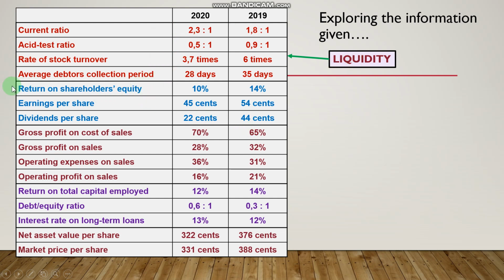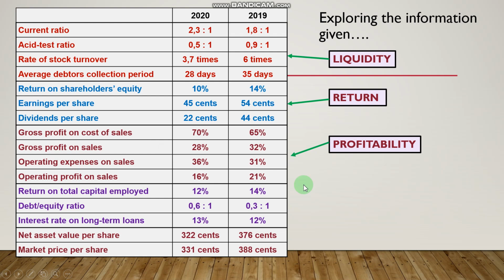Looking at the next 3, return on shareholders' equity, earnings per share, dividends per share, these 3 are talking about return on investment. So these are my return financial indicators, right? I know these 3. Then I've got my gross profit, operating expenses. Just by looking at the word sales, I know these are all percentages.